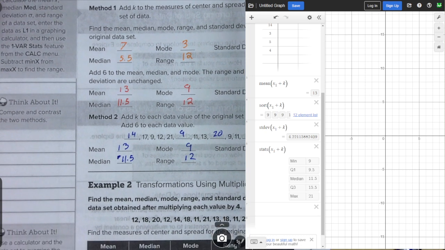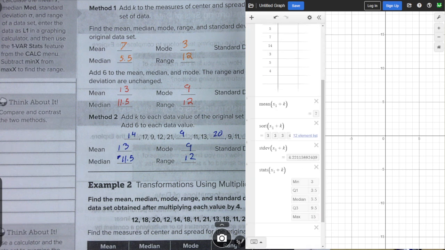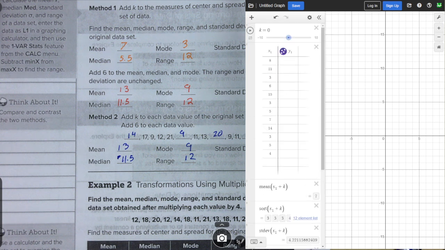Transformation using multiplication. Find the mean, median, mode, range, and standard deviation of the data set obtained after multiplying each value by 4. All right, so I'm going to set k back to 0 because if k is 0, it doesn't change anything. Our data is all back.